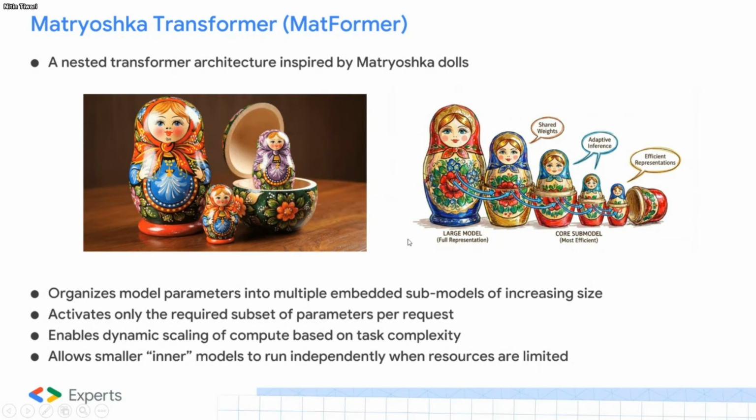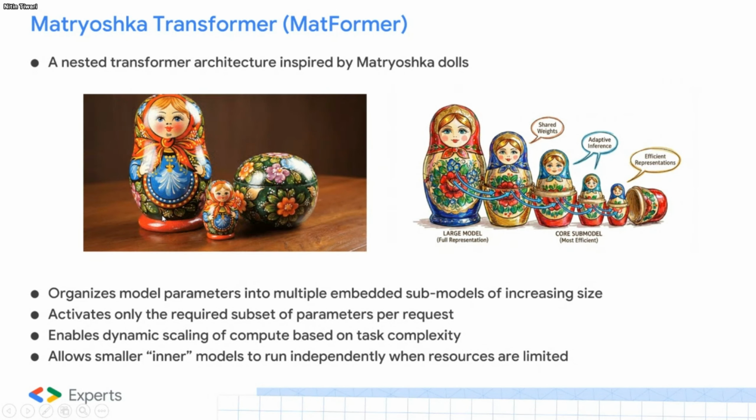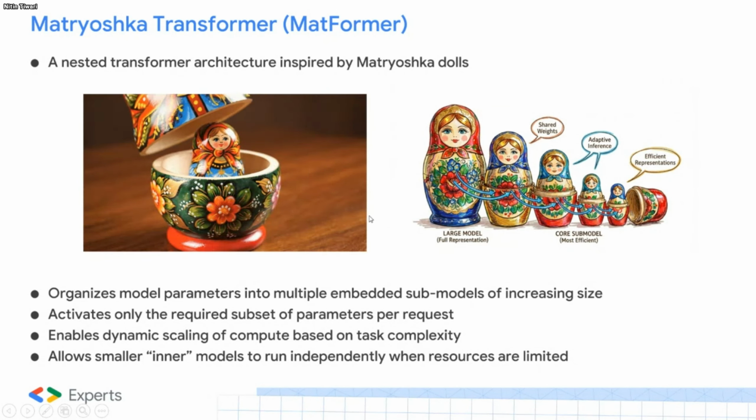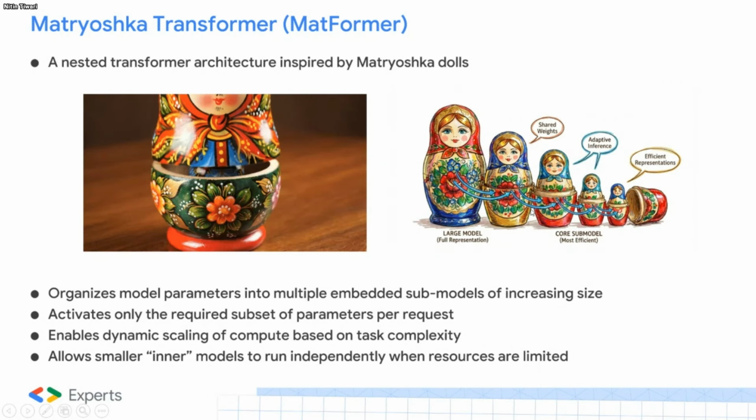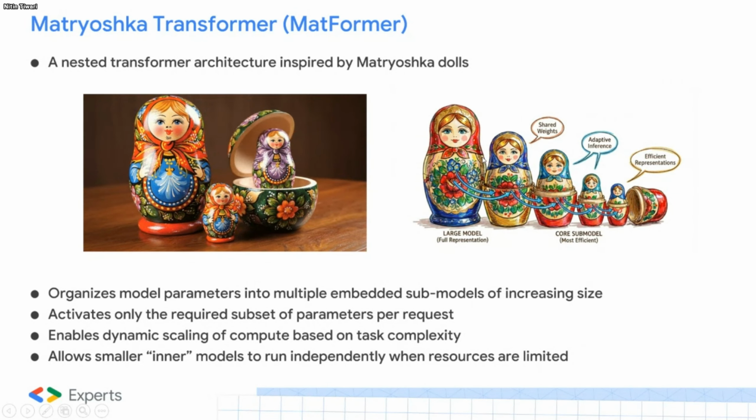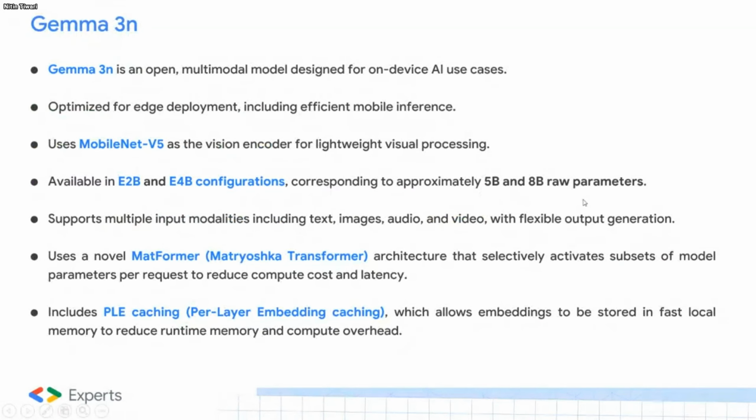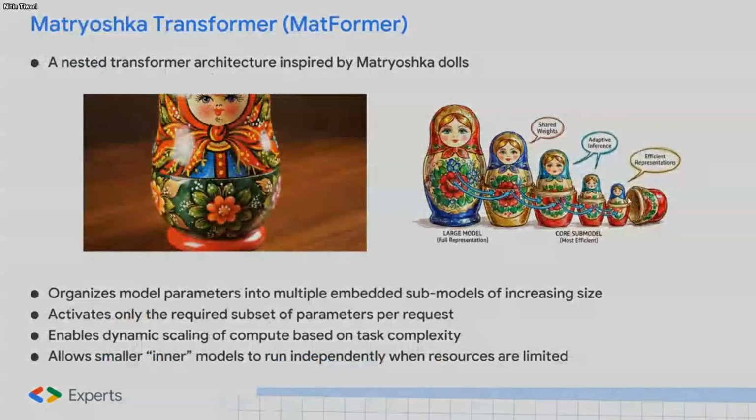If you notice this image, the model parameters are arranged in a way where a submodel can be used without needing to use the bigger model. That's why we were saying that it can effectively use 2 billion or 4 billion parameter models instead of using 5 billion or 8 billion parameters.